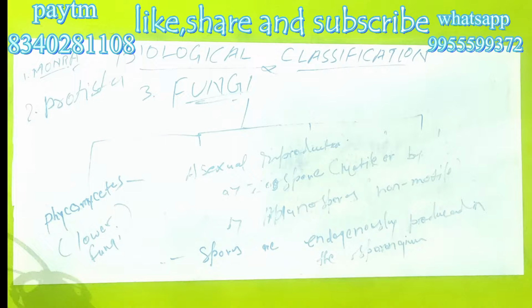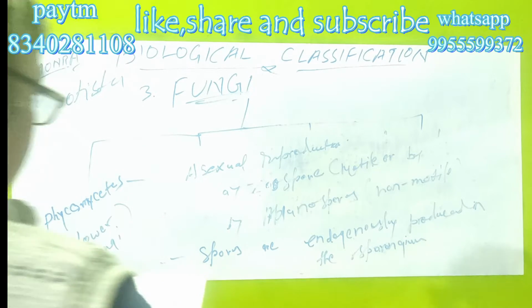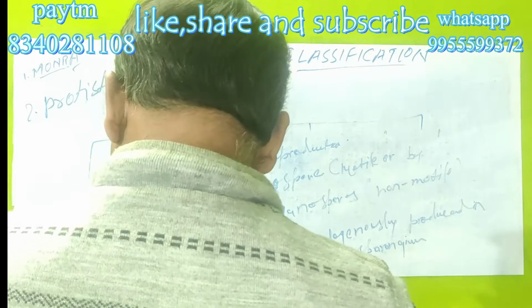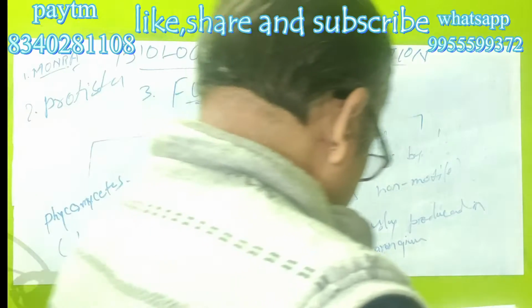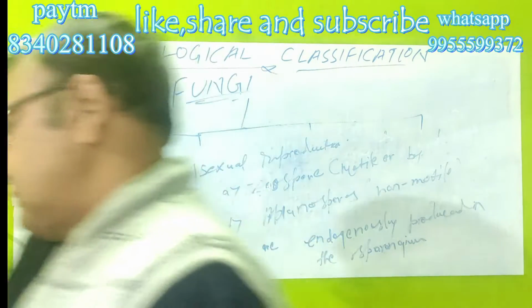And zygospores are formed by fusion of two gametes, that are similar in morphology or dissimilar. Similar in morphology means isogamous, and dissimilar means anisogamous or oogamous. So the reproduction in phycomycetes is asexual, with zoospores which are motile or aplanospores that are non-motile. Spores are endogenously produced in the sporangium, and the zygospore is formed by the fusion of two gametes.